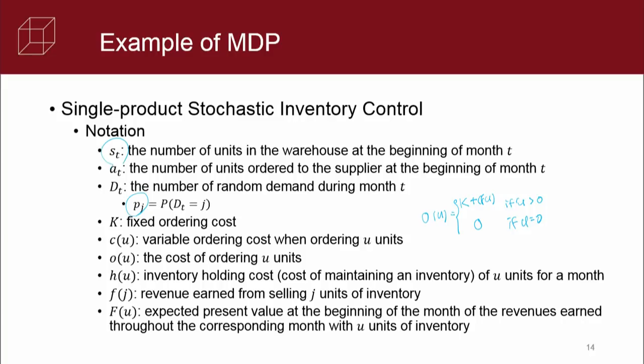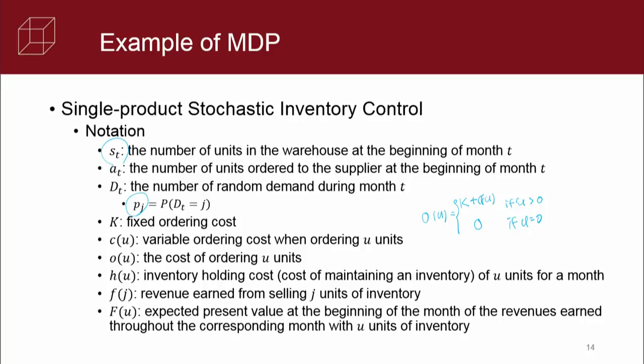And h(u) is the inventory holding cost, or the cost of maintaining an inventory of u units for a month. And f(j) is the revenue earned from selling j units of the inventory. And F(u) is the expected present value at the beginning of the month of the revenues earned throughout the corresponding month with u units of inventory.